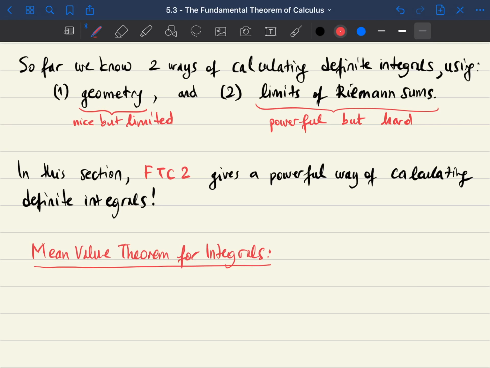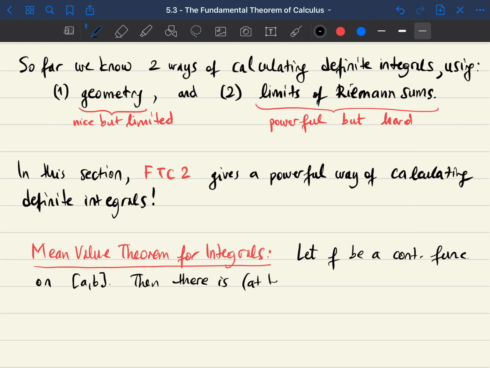So let's suppose that f is a continuous function on the closed interval a comma b. So let f be a continuous function on the interval a comma b. Then there is, of course, at least one c in the interval a comma b such that the following happens.